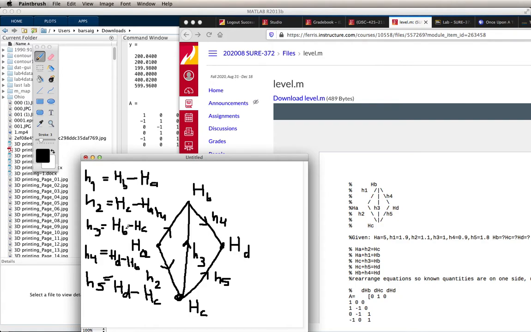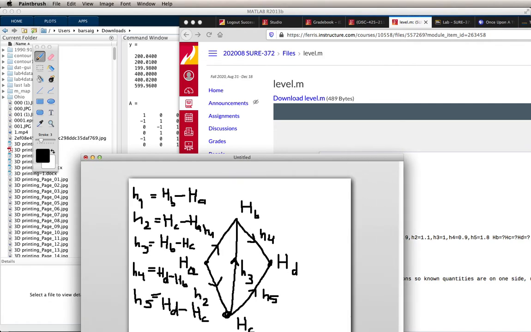And this is already given. HB and HC are both unknowns. HD and HC are both unknown, so this is good. Well, let's write that down.